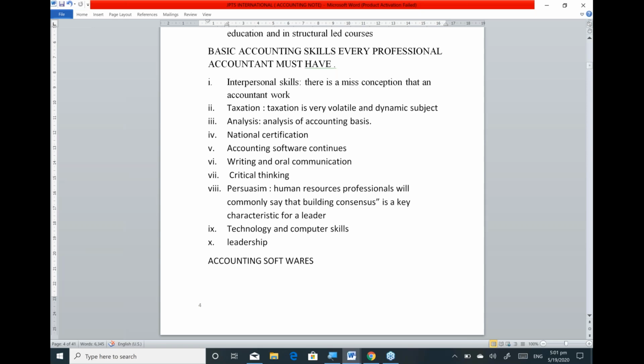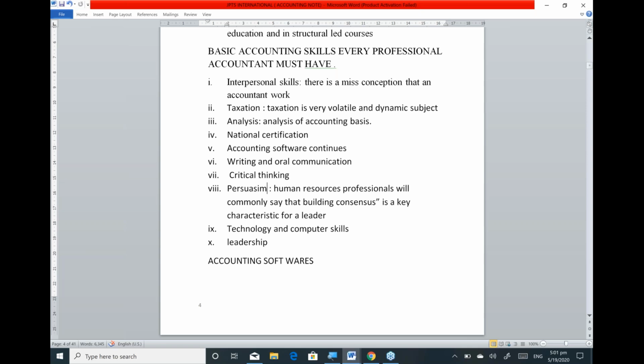We looked at last week the basic accounting skills every professional accountant must have. Talk about interpersonal skill. There's a misconception that an accountant works only on figures. Talk about taxation, have a little knowledge about taxation.